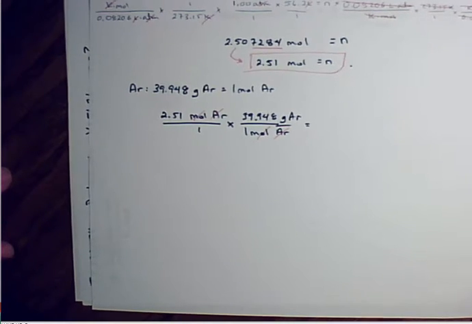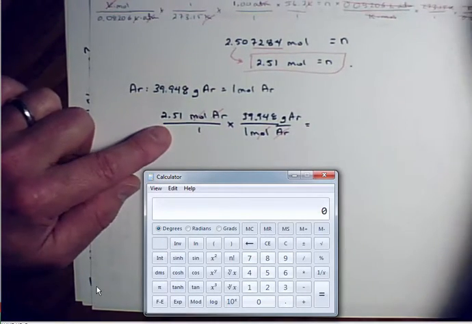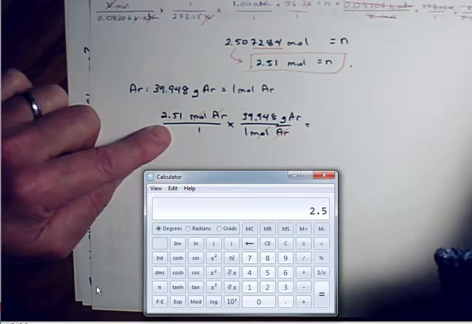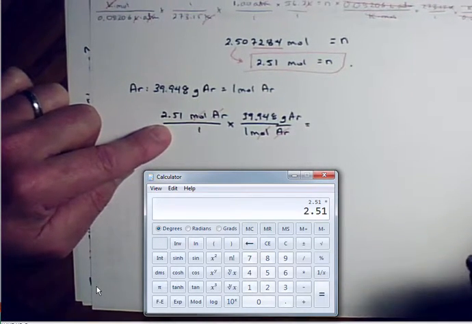Okay, so let's see. Where's my little computer calculator here? All right, so we got 2.51, and we're multiplying by 39.948.